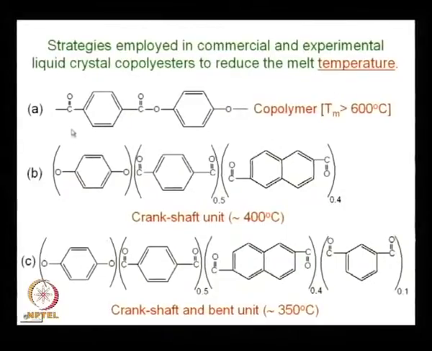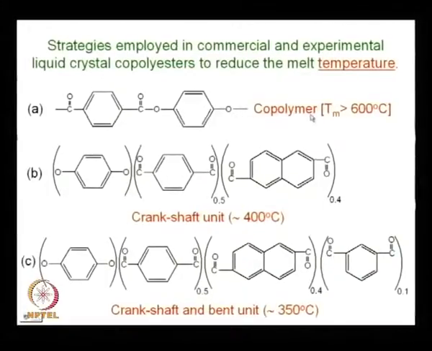Now, you see here this is a polyester made from terephthalic acid and say 1,4-dihydroxybenzene. It forms a polyester. Because of this molecular symmetry, 1,4 linkage, melting point is higher than 600 degree Celsius, and that too you have to heat this polymer in inert atmosphere, either in nitrogen or helium or argon.